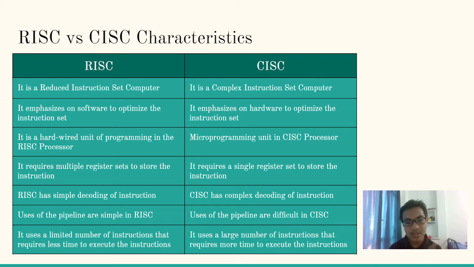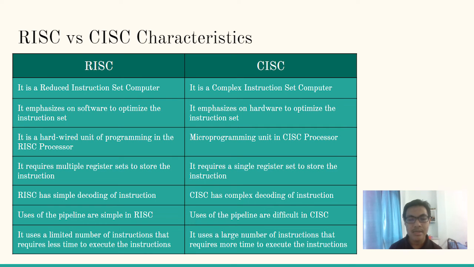First and foremost, the difference between RISC and CISC is that RISC emphasizes software to optimize the instruction set. Meanwhile, CISC focuses more on building complex instructions directly in the hardware instead, because hardware is always faster than software.